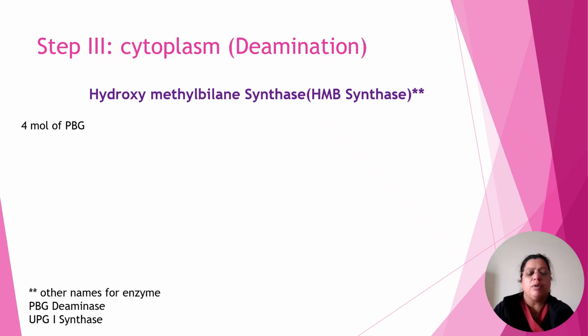This enzyme has other names also. One of the names is porphobilinogen deaminase because it is going to cause deamination of porphobilinogen, and it is also called uroporphyrinogen 1 synthase. So in presence of hydroxymethylbilane synthase, 4 molecules of porphobilinogen combine. It's a condensation as well as a deamination reaction.